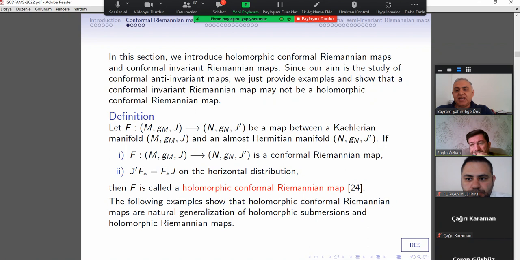Here J prime denotes the complex structure of N, which is an almost Hermitian manifold, and J is the complex structure for the Kaehler manifold M. The natural examples of the holomorphic conformal Riemannian maps are holomorphic submersions and holomorphic Riemannian maps.